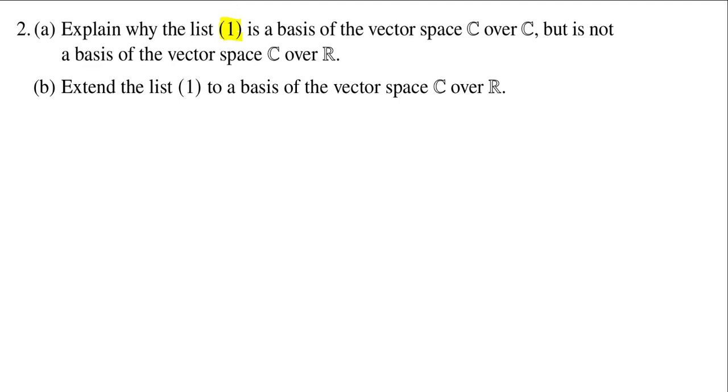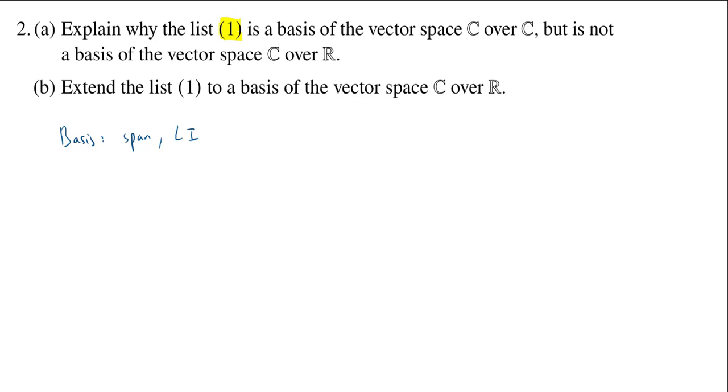Okay, well, let's see. Let's talk this out. So, first, why is it a basis of C over C? To be a basis, that means that you span and are linearly independent. So, in this case, why don't we check the linear independence first?